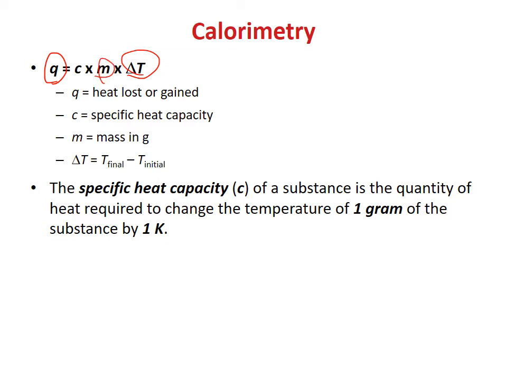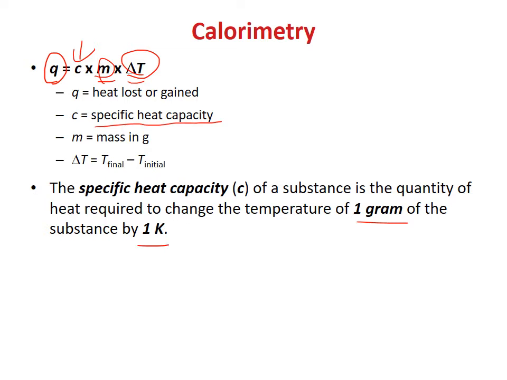So Q should be proportional to mass and temperature change times a constant C called the specific heat capacity. The specific heat capacity of a substance is the quantity of heat required to change the temperature of 1 gram of the substance by 1 Kelvin.